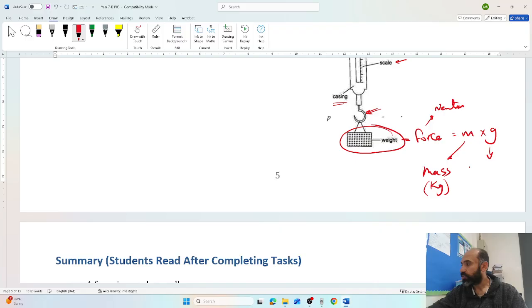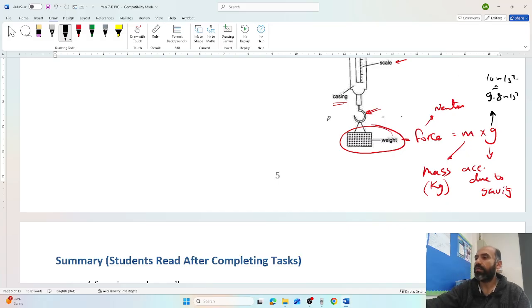This is the reason that it's called acceleration due to gravity. And it's a constant number on Earth, but it has multiple factors that affect its value. But for year 7, it's constant. So it's just 9.8 meter per second squared, or you can approximate it to 10 meter per second squared.